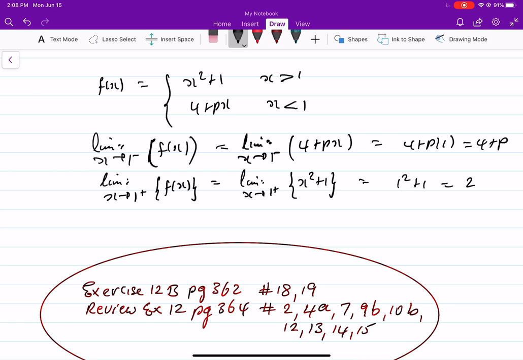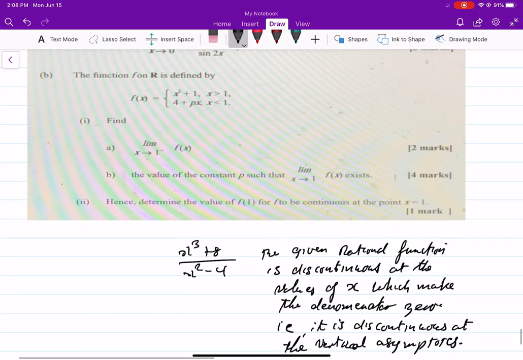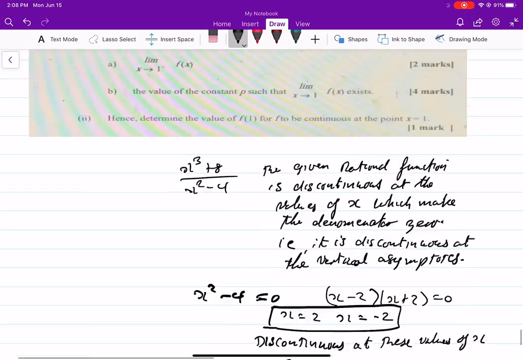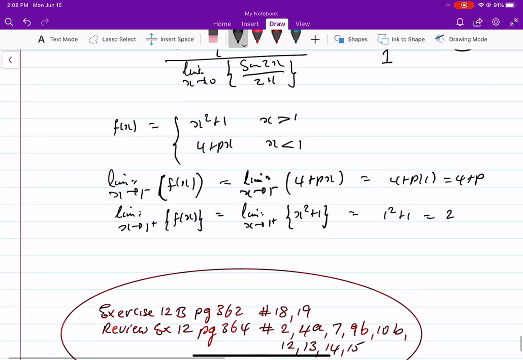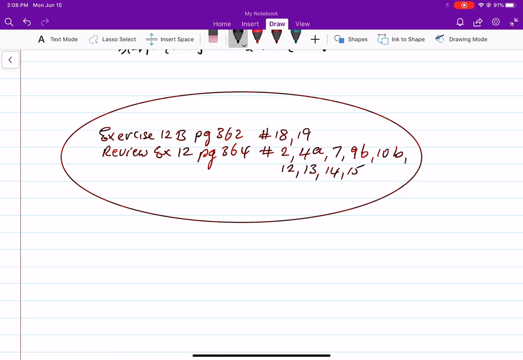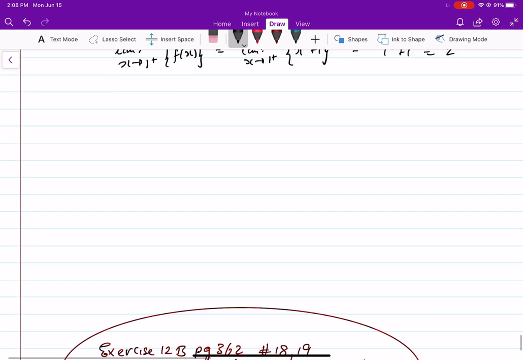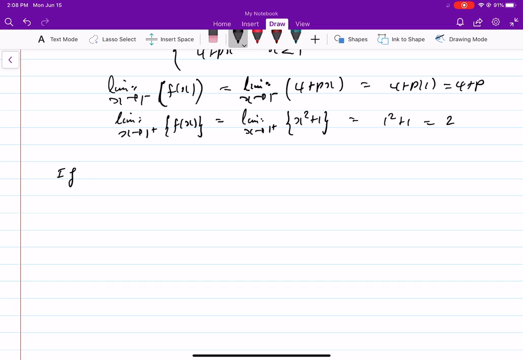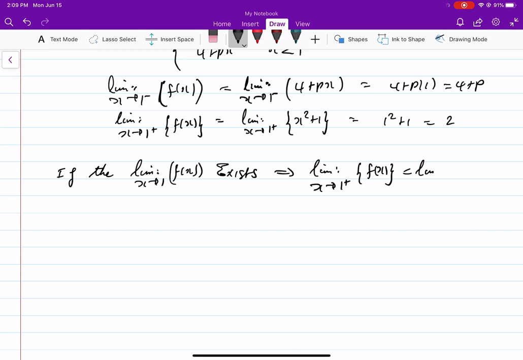And for the limit to exist, let me make sure I get the language right. The value of p such that the limit of x approaching 1 exists. So if the limit as x approaches 1 of f of x exists, that would mean that the limit as x is approaching 1 plus of f of x would have to be equal to the limit as x is approaching 1 minus of f of x.